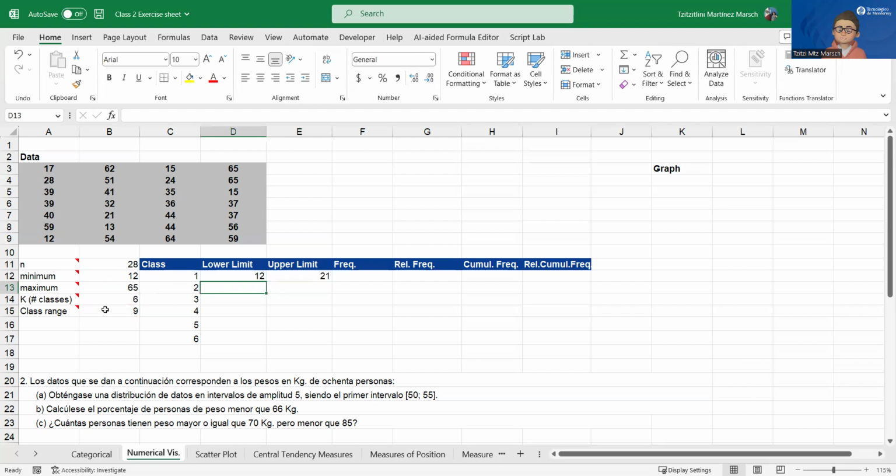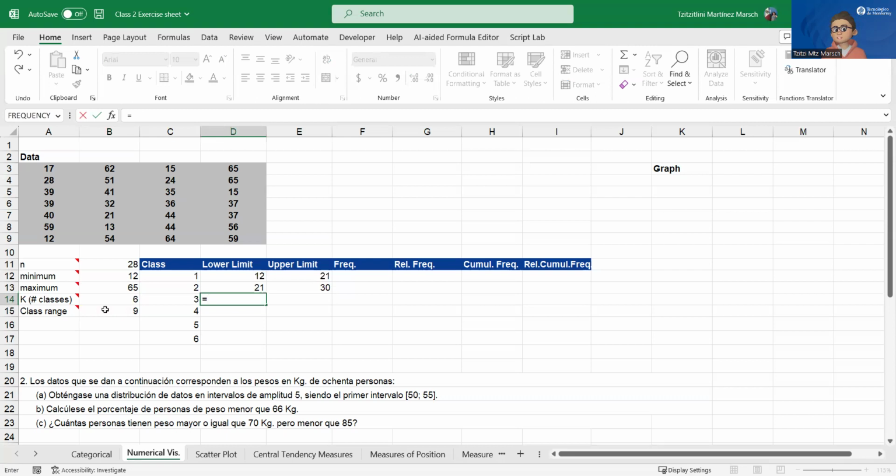For class 2, the lower limit is going to be the upper limit of the previous class, in this case 21. And the same thing, our upper limit is going to be our lower limit of that class plus our class range. And we'll do this continuously.